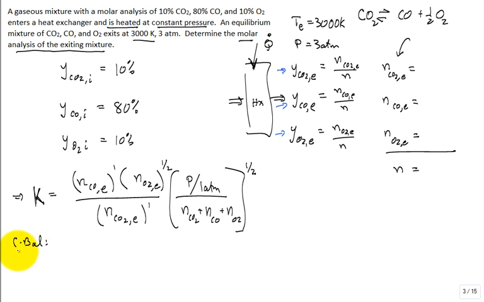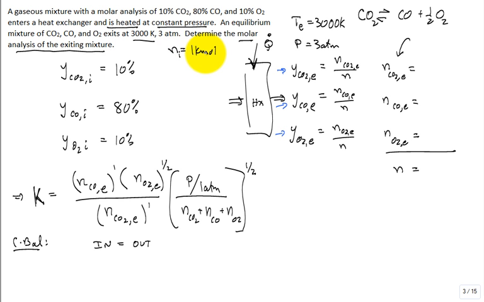The first time you do this carbon balance, you need to go slow, but once you get the hang of it, it's like, oh, okay, I understand. What comes in must equal what goes out. So we assume that the total number of moles coming in is 1 kilomole.